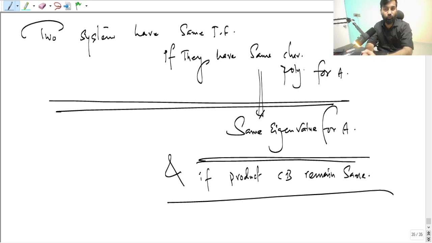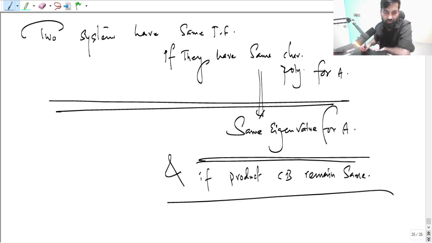So in this question, you just have to find the characteristic polynomial for each matrix A, and all the characteristic polynomials you obtain must be the same. That indicates the same eigenvalues for matrix A, and CB must be the same.